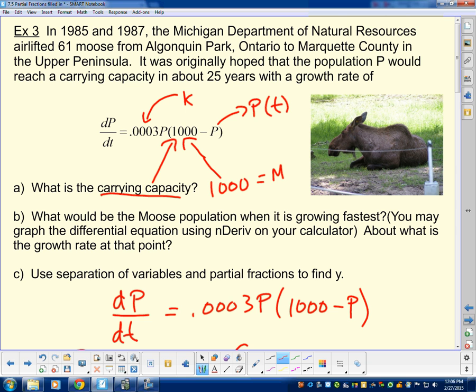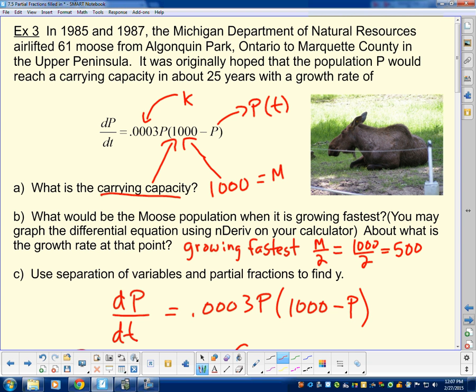Growing fastest is always going to be in this logistic equation model M over 2, which in this case would be 1,000 over 2 or 500. And if you look at the graph, it makes sense.